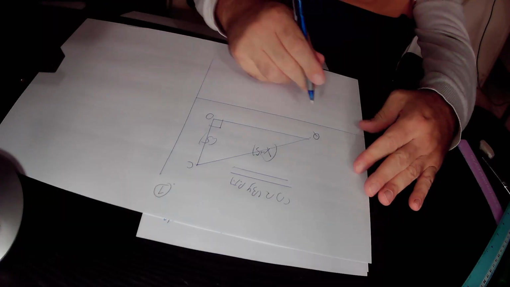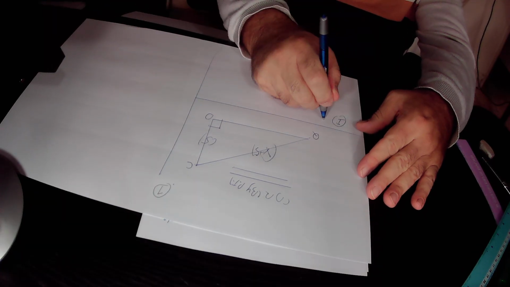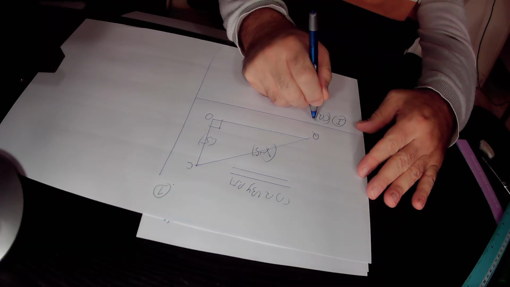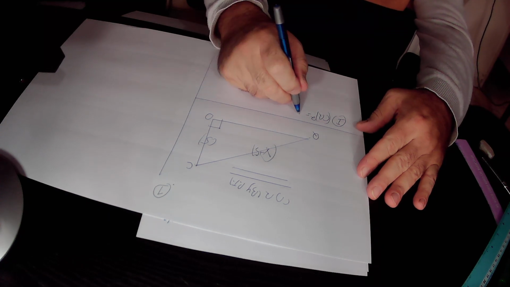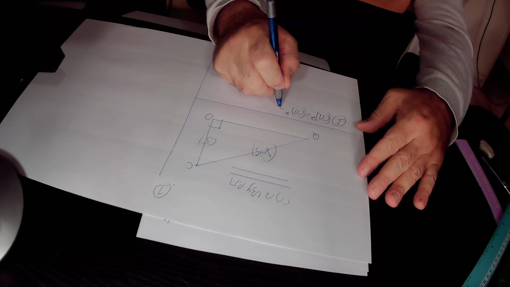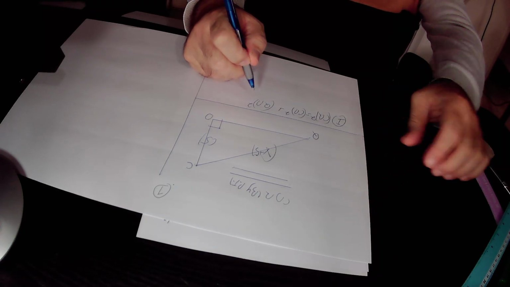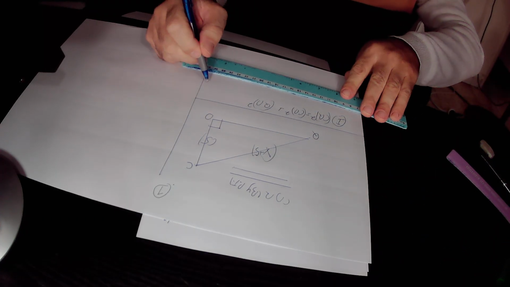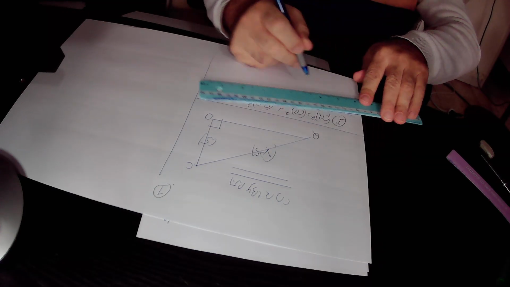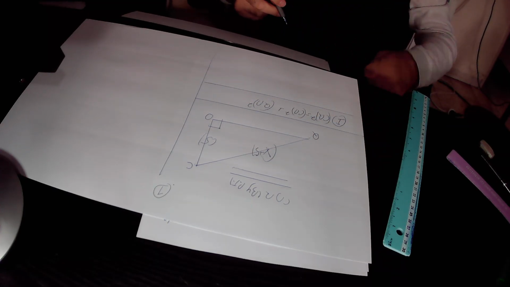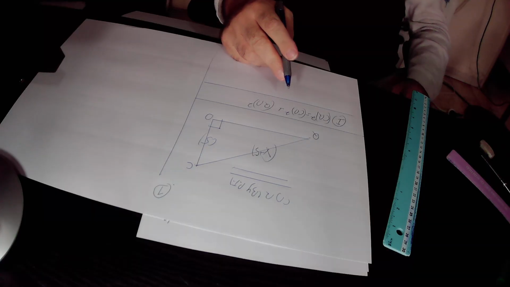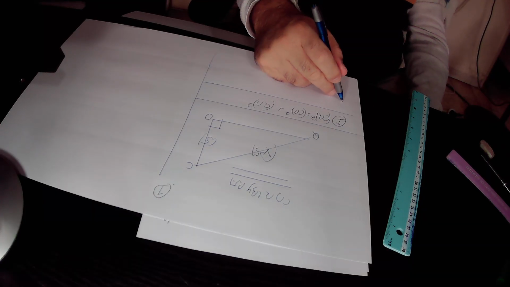CQ squared, that is the square of the hypotenuse, is equal to CO squared plus QO squared. CQ is x plus 5, therefore CQ squared is x plus 5 squared.